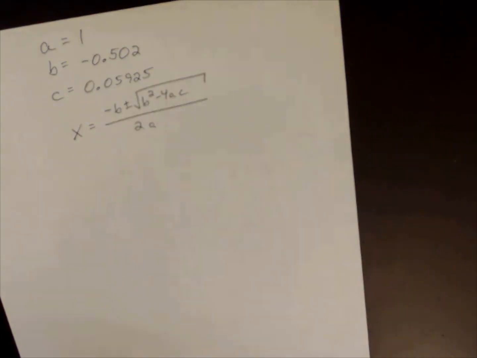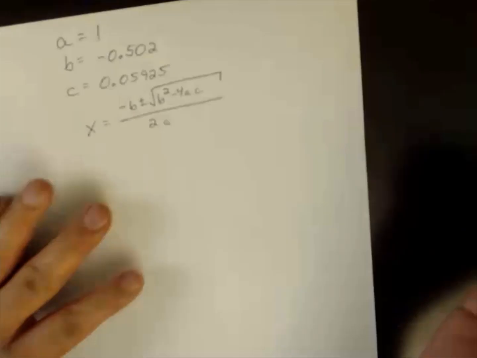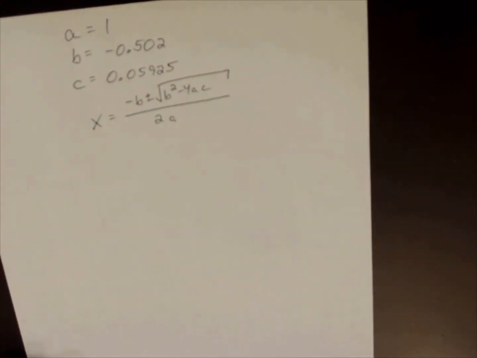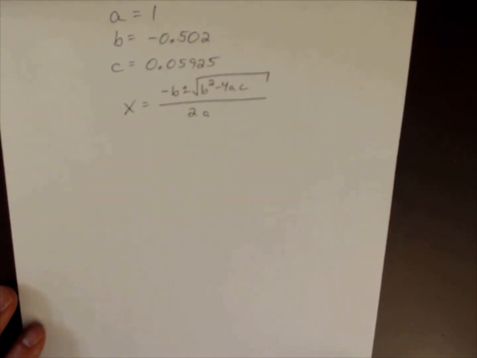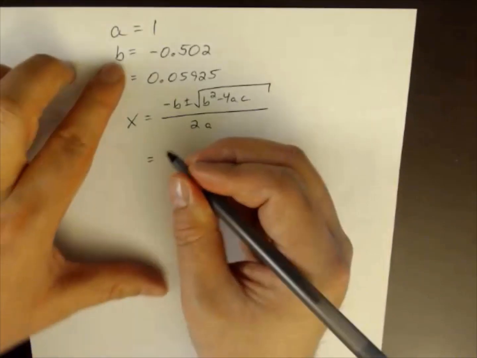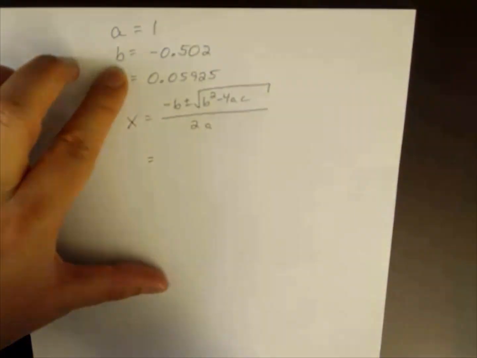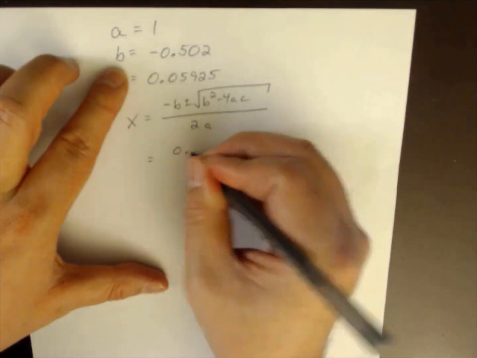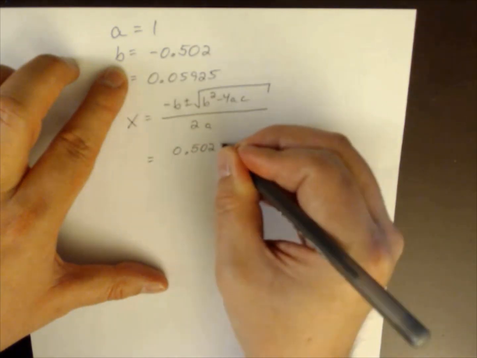I know you all love ICE problems. They're so much fun. They're the best. All right, so b is negative 0.502. So negative b would be 0.502.